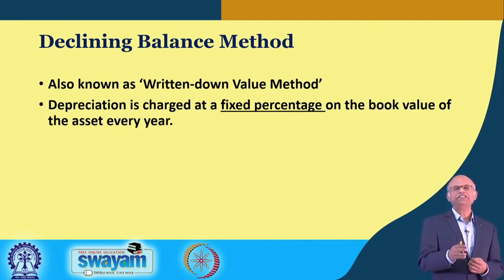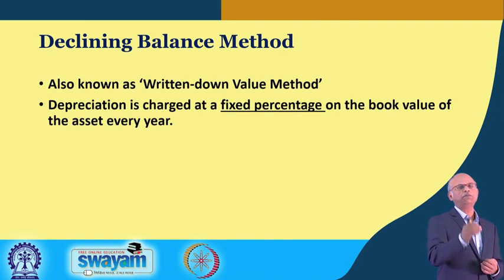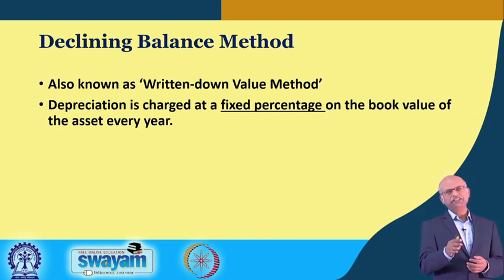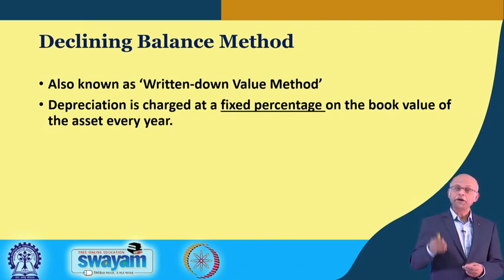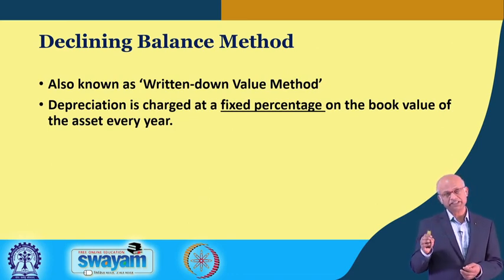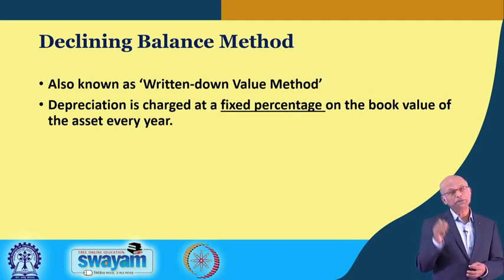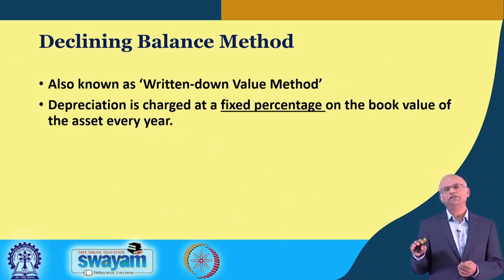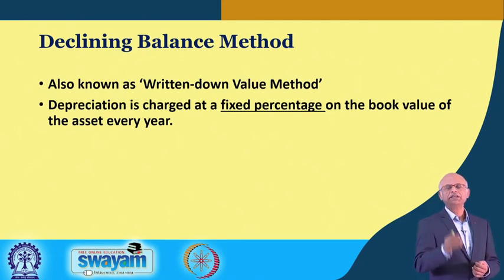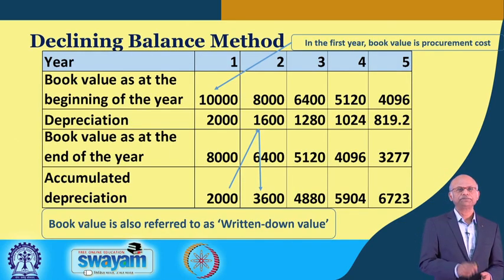This time depreciation is a percentage of book value. Depreciation is charged at a fixed percentage. Look at the underlined text, fixed percentage. Earlier in the straight line method we saw depreciation is an equal amount, but here it is a fixed percentage of the opening book value of the asset.